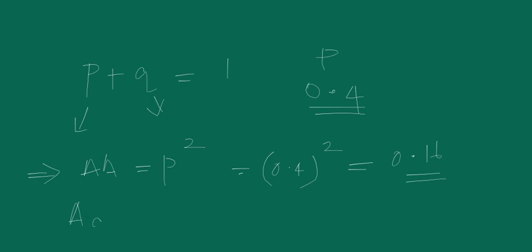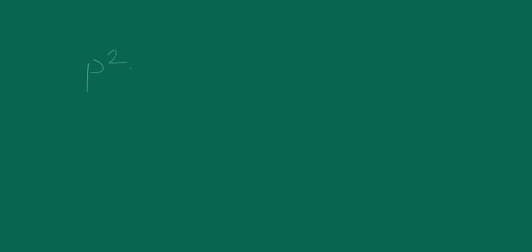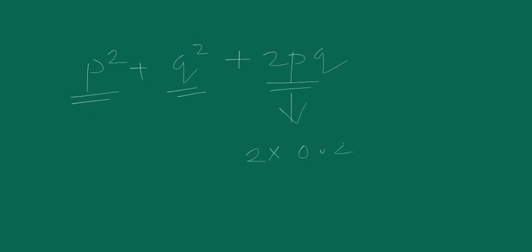So what will be capital A small a? See, when we are taking p square plus 2pq plus q square, this is the dominant, this is the recessive. This 2pq will be giving you the capital A small a. So you should write 2 into 0.4 into, what was the value of q? 0.6, right?